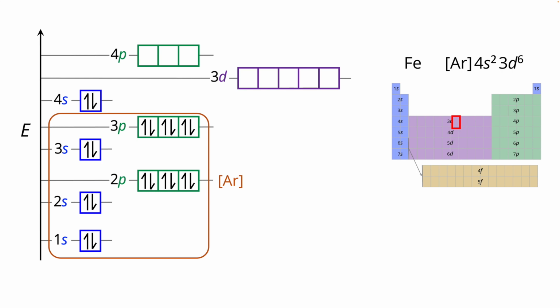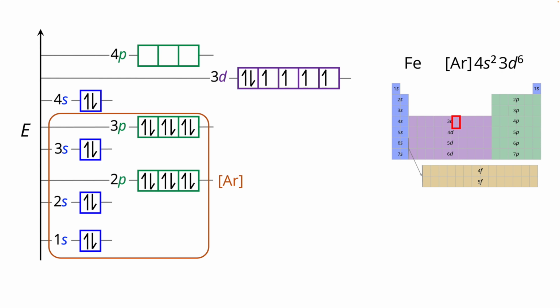And then the 3d subshell is slightly higher in energy than the 4s subshell, so it fills in next, 1, 2, 3, 4, 5. We have 5 orbitals in the 3d subshell, and then we have each electron in a separate orbital as long as possible with the same spin state. And since this has a 6th electron in the d subshell, that has to pair up.